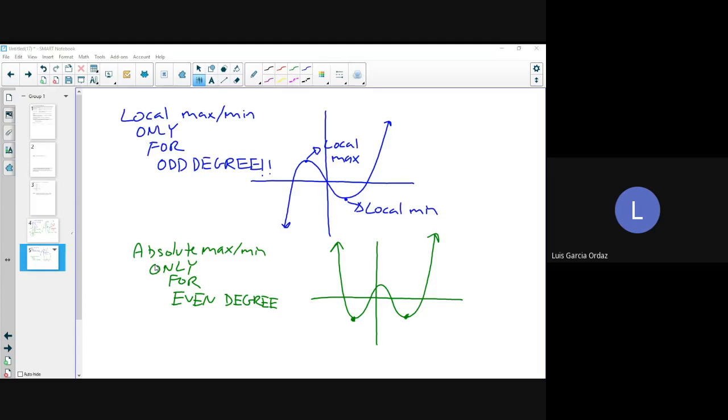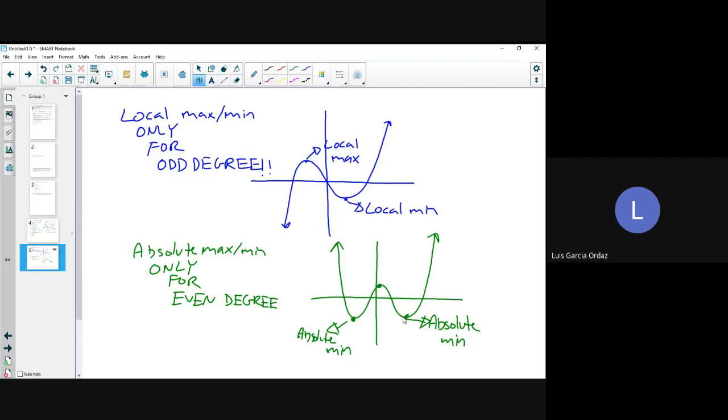Yes, so it's gonna be called an absolute minimum. Remember, absolute means that it is the lowest or the highest point of the graph.